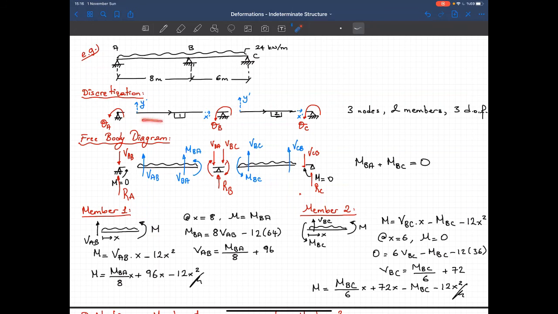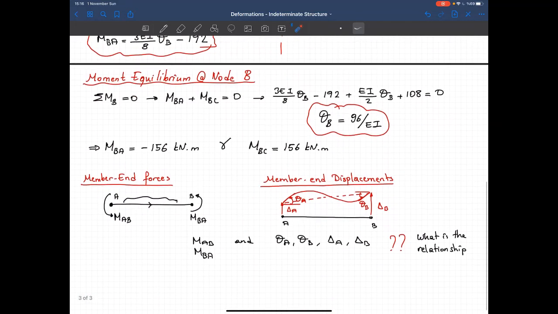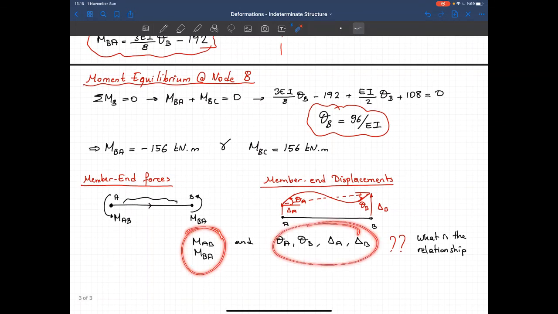And remember that when we do the discretization, we have isolated members and they talk through nodal displacements and nodal forces. And all I need to do to analyze an indeterminate structure is find out a relationship between them. This way I can combine the equilibrium equations and the compatibility equations to analyze an indeterminate structure. So this is what we are going to do next.